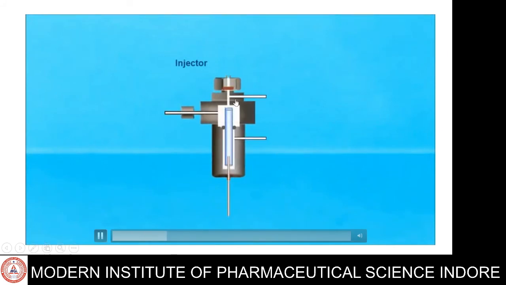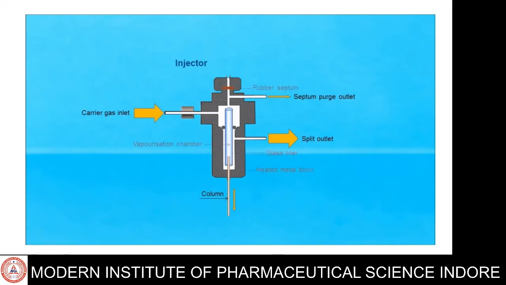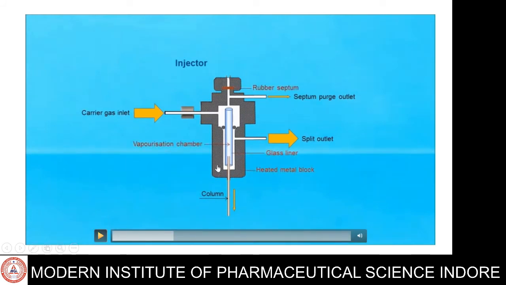This is the injector. A small amount of liquid sample to be analyzed is drawn up into a syringe. The syringe needle is positioned in the hot injection port of the gas chromatograph and the sample is injected quickly.